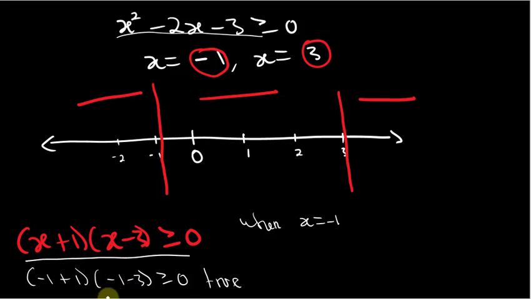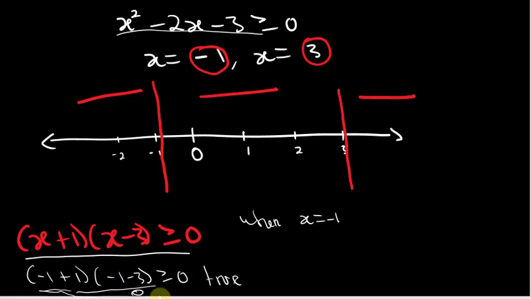We had 0 for this side, and it is 0 greater than or equal to 0, and that statement is true. So -1 is inclusive. We are testing this side, so let's pick another value there. Let's say -2. Once again, when x is equal to -2, what is going to happen?